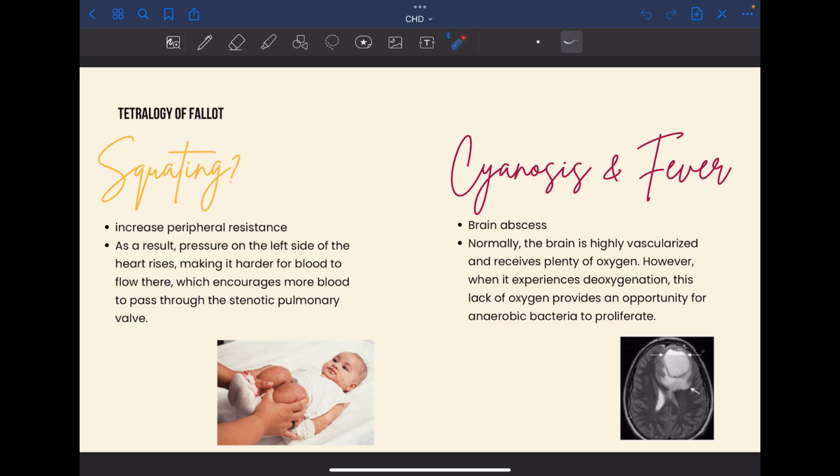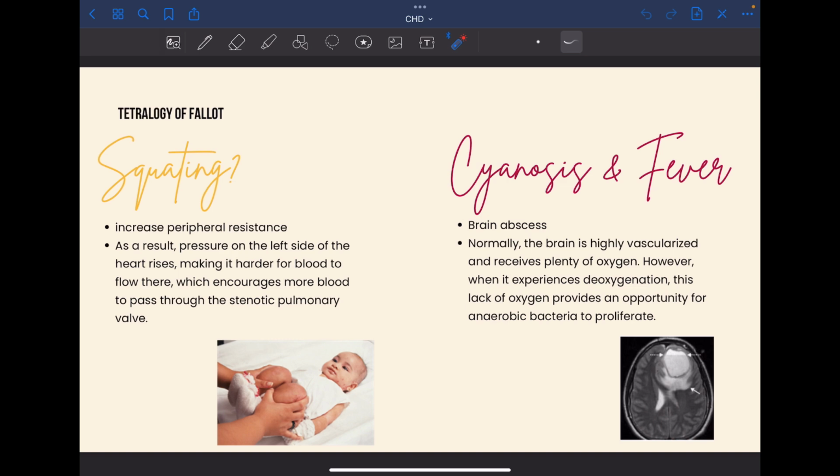Now, in children with tetralogy of Fallot, sometimes they present with cyanosis and with fever. Why is that? This is usually associated with brain abscess. As we know, the brain usually depends on glucose and on aerobic metabolism to break down glucose and get its ATP.